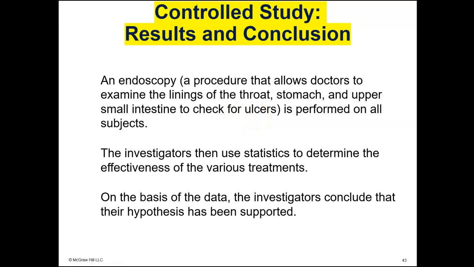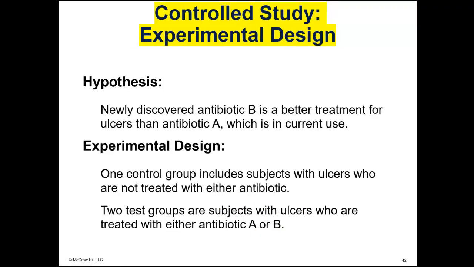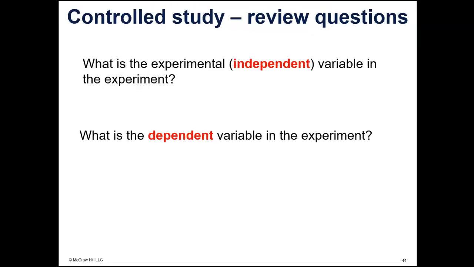It's performed on all subjects. The investigators then use statistics to determine the effectiveness of the treatments, and on the basis of the data, the investigators conclude that their hypothesis has been supported. Their hypothesis is that antibiotic B is a better treatment than antibiotic A.